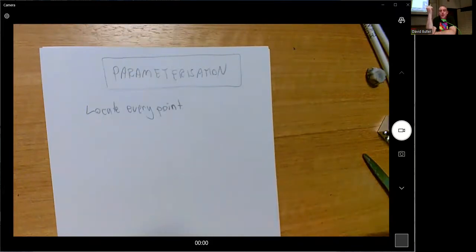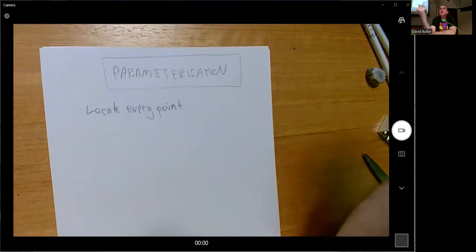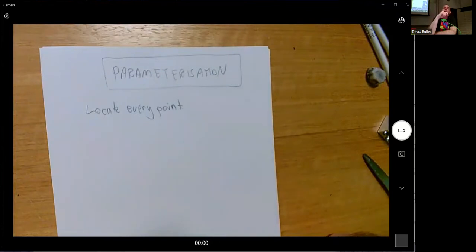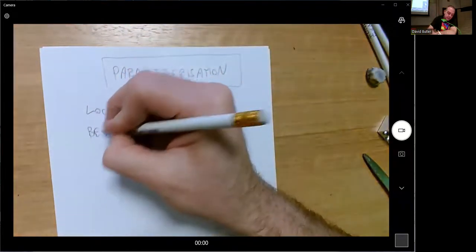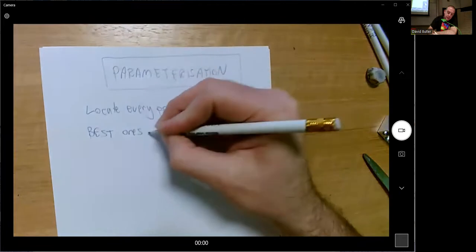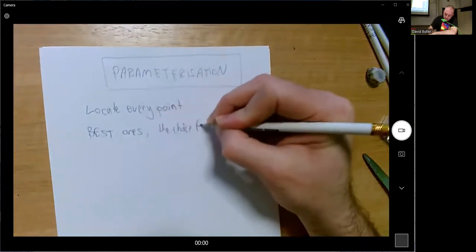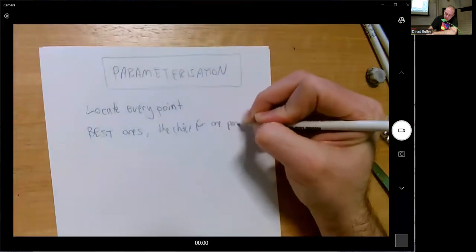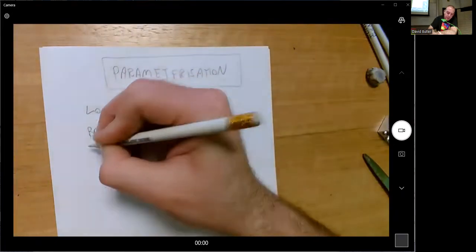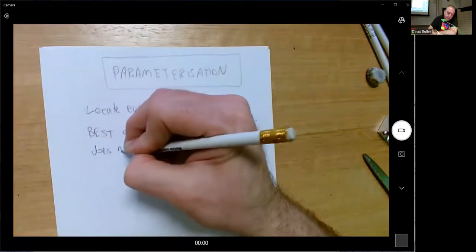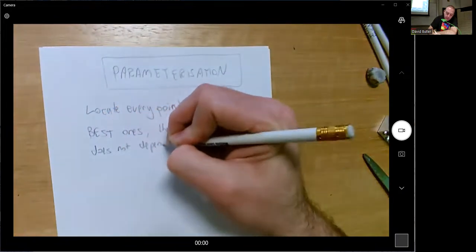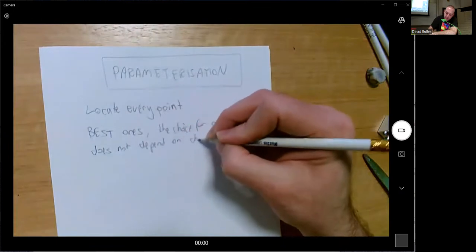The best parameterizations locate every point in such a way that making a choice for one parameter doesn't cause you to choose different things for the other parameters. So the best ones are where the choice for one parameter does not depend on choices for other parameters.